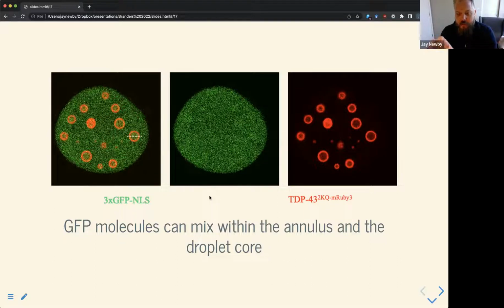So TDP43 may be red in these images, or they may be green, so it kind of switches back and forth. So just be prepared for that. But here they're red, right? And GFP is just GFP, right? Nothing special about that. But what's clear, I think, is that GFP is essentially uniformly distributed in the nucleus, including inside of these droplets. So it's mixing everywhere, no problem, right?